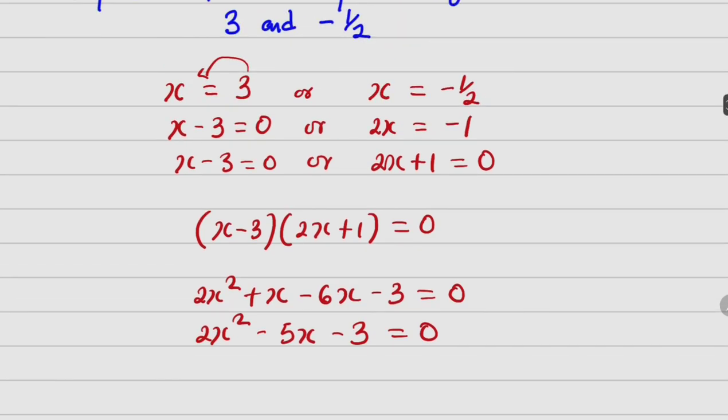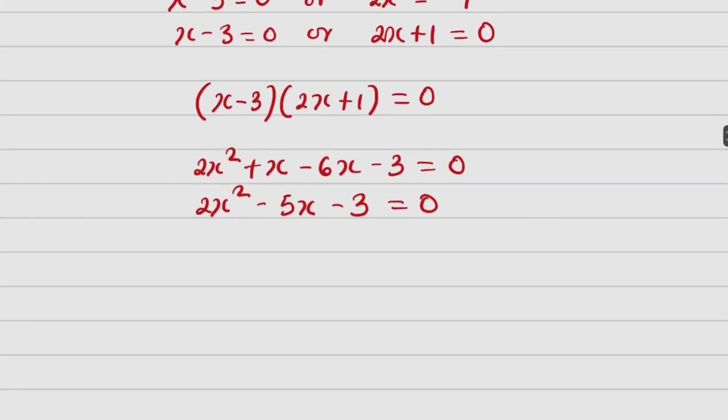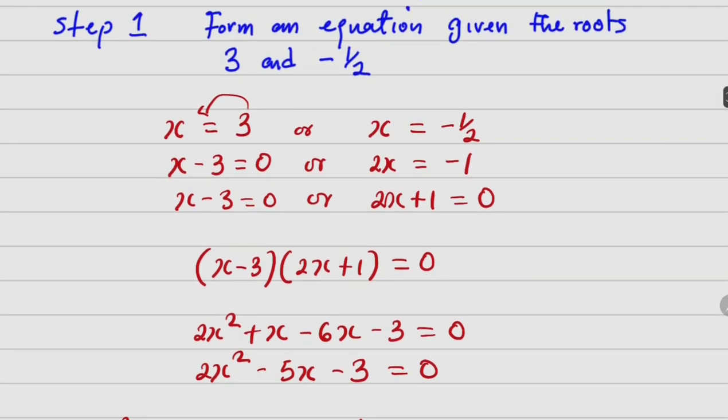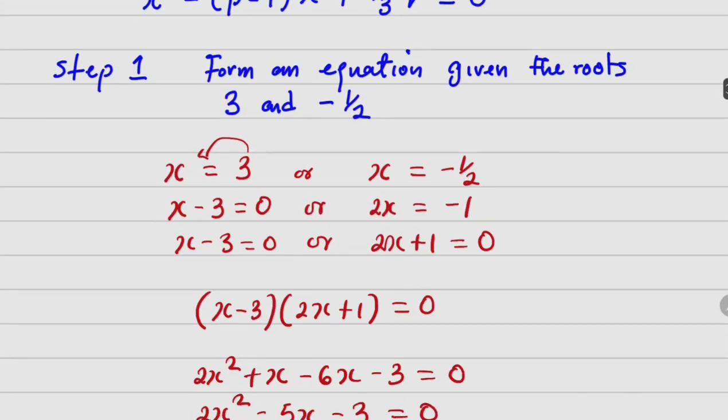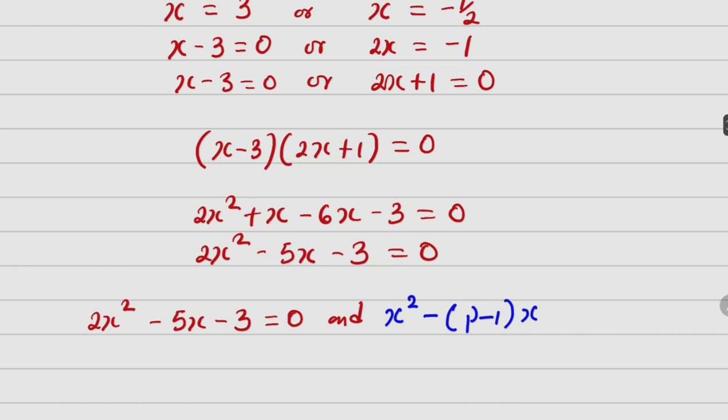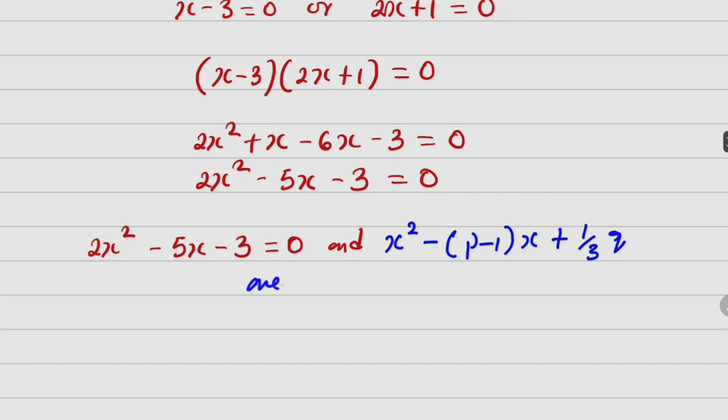Why did I do this? It is to tell you that the equation 2x squared minus 5x minus 3 equals 0, and the one given, which is x squared minus (p minus 1)x plus 1 over 3q, are the same.